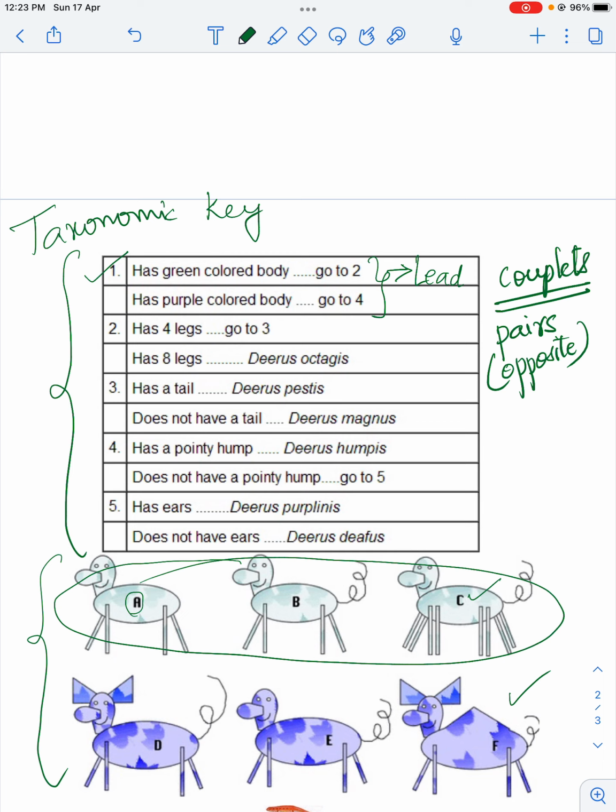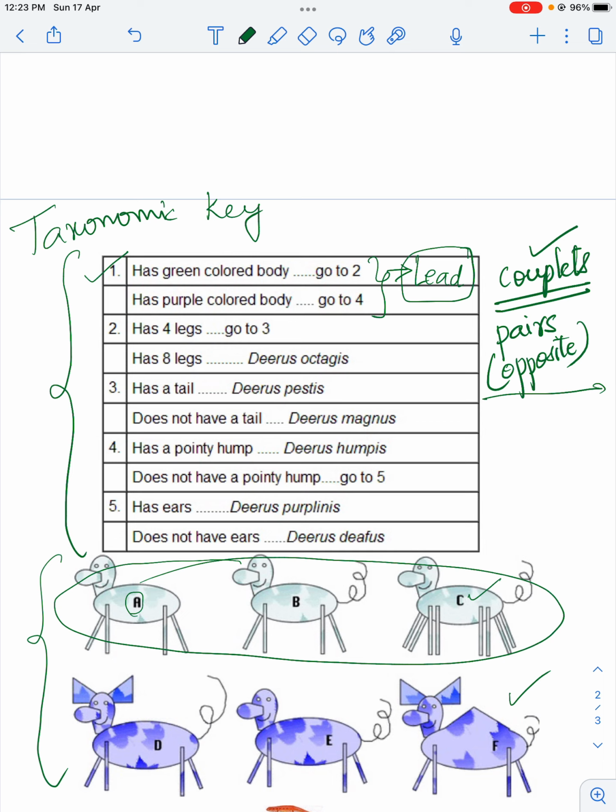Each one of the sentences in the taxonomic key is called a lead, whereas the two sentences which have opposite meanings are called couplets. A taxonomic key will have couplets that help us arrive at the identification of either plants or animals.